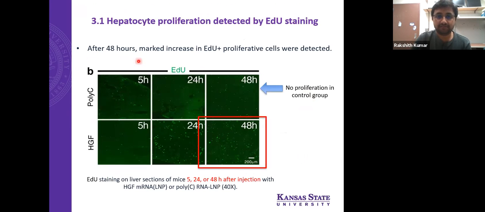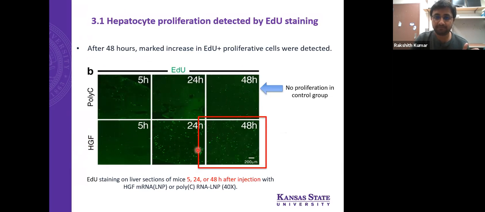After staining, at the fifth hour time point they didn't see any proliferation. Poly-C didn't show any proliferation, but there were a few proliferating cells, which they later confirmed were CD45 cells by co-immunostaining, which I'll discuss in the next slide. With HGF, there was no proliferation at the 5th hour time point.